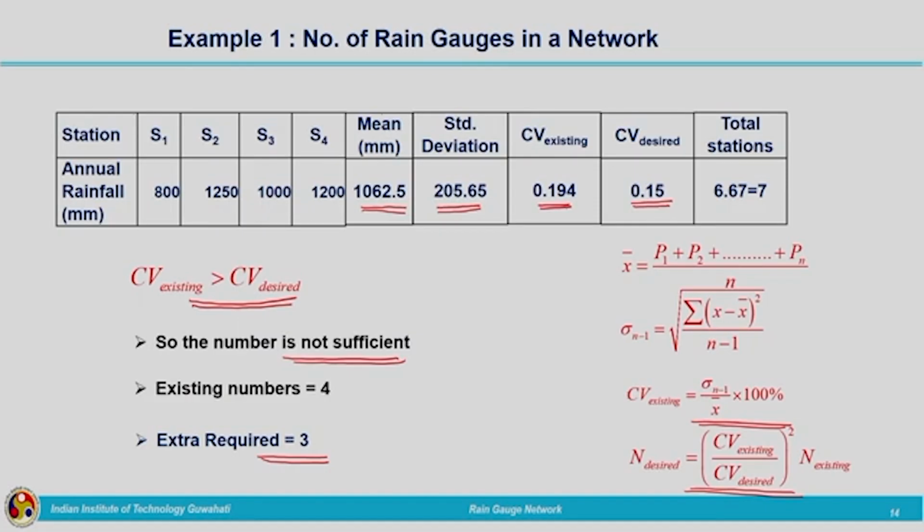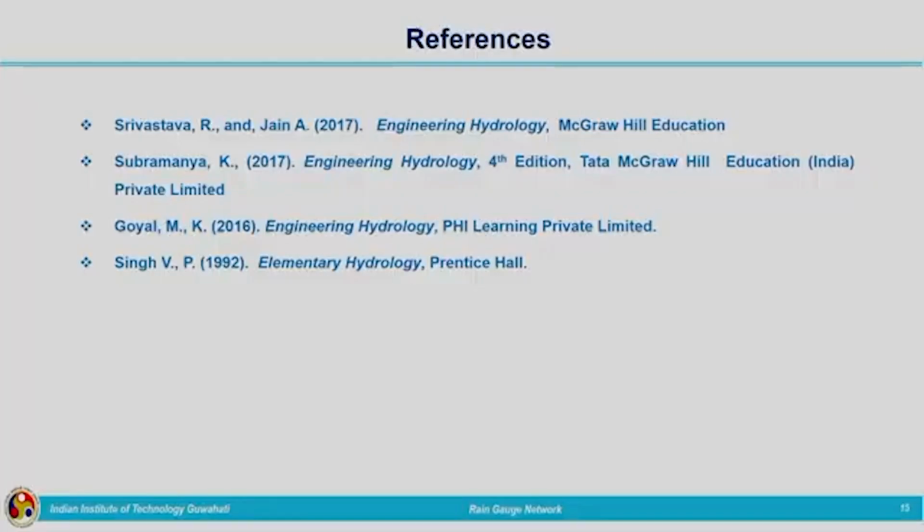This is very important. In some cases we do not have a sufficient number of rain gauges. In that case, we assume that the same rainfall is acting over the entire area, but it may not always be correct. You can go through the textbook material related to this topic.